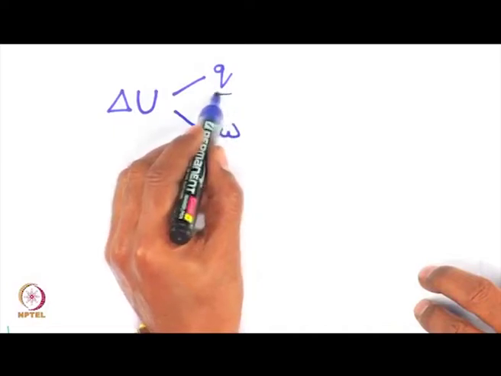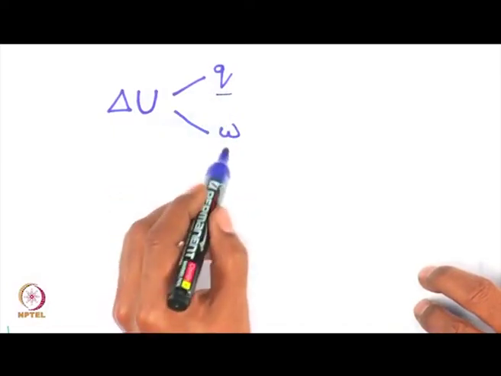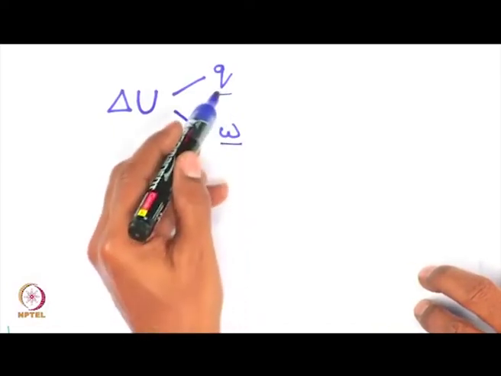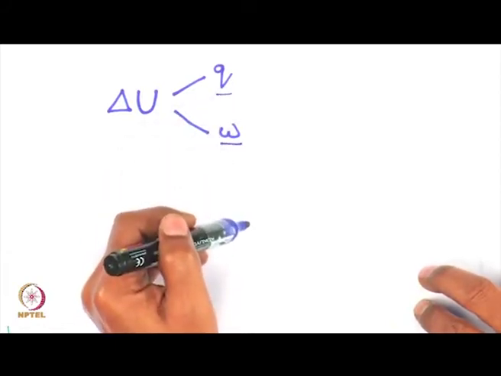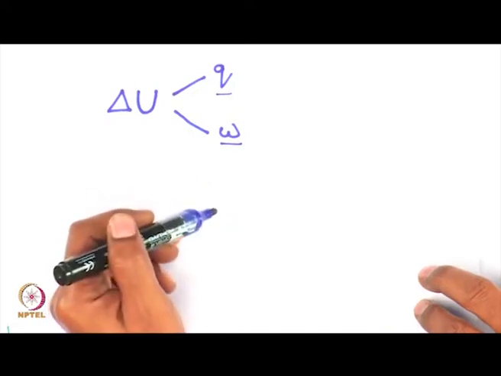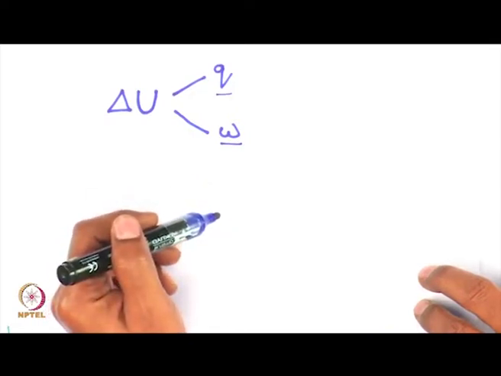It is like, for example, if we consider Q and W as, let us say, a 500 rupees currency note or a 1000 rupees currency note, and we go to a bank and deposit, the statement that we get is the total amount deposited in the bank, irrespective of whether you have deposited 500 rupees notes or 1000 rupees notes or 2000 rupees notes.